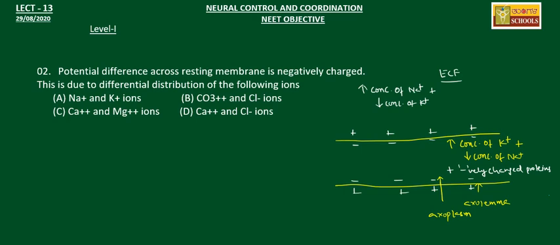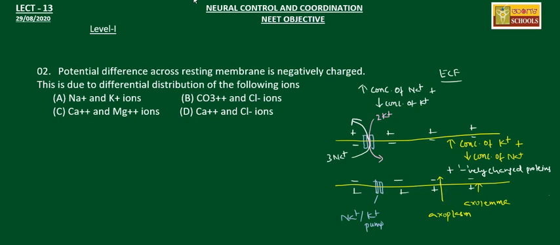On the membrane there are sodium potassium pumps. This sodium potassium pump transports three sodium ions to the outside, and for that it transports two potassium ions into the axoplasm.